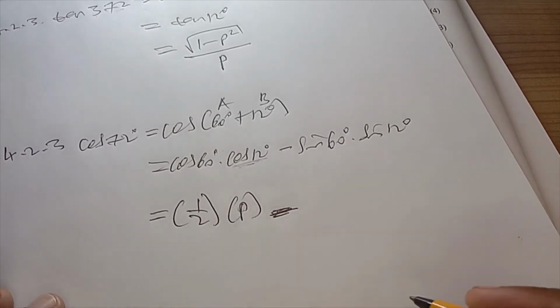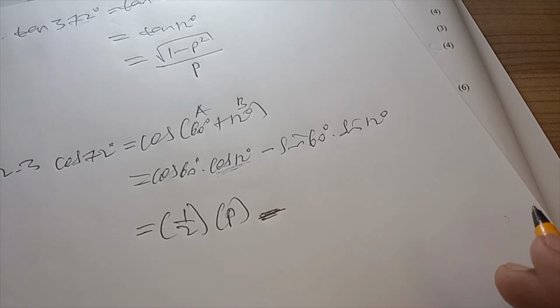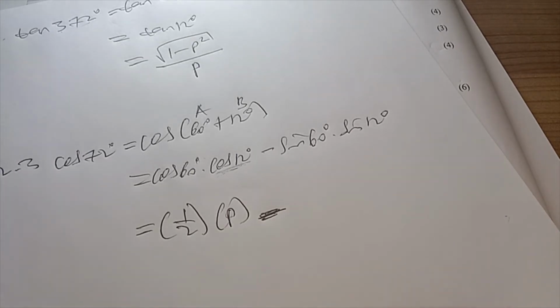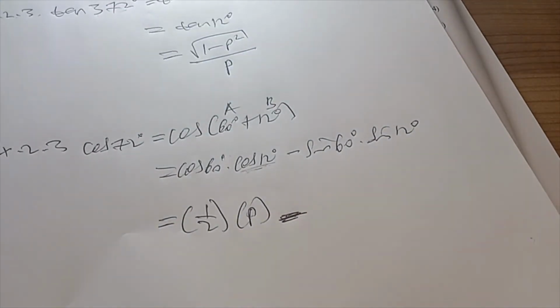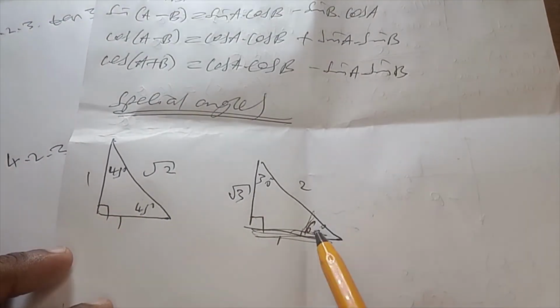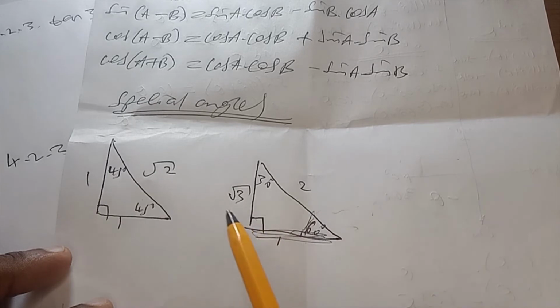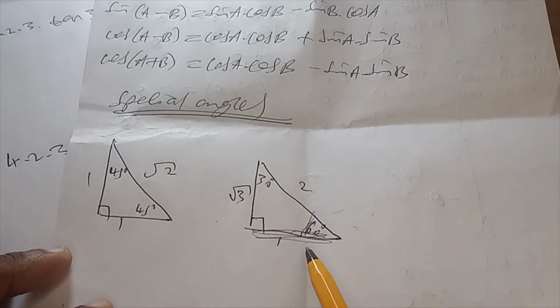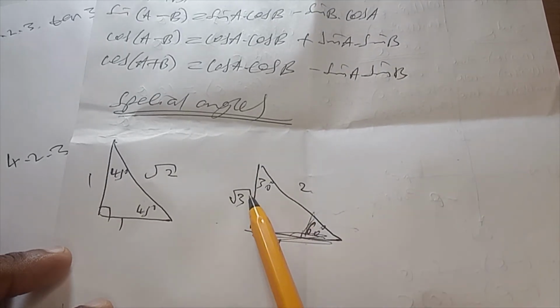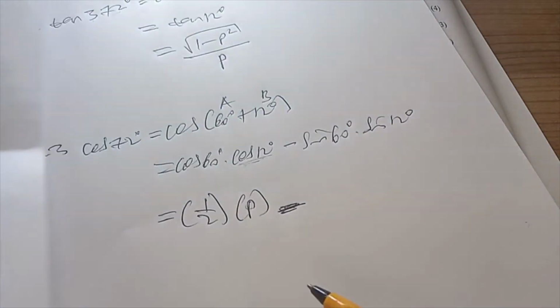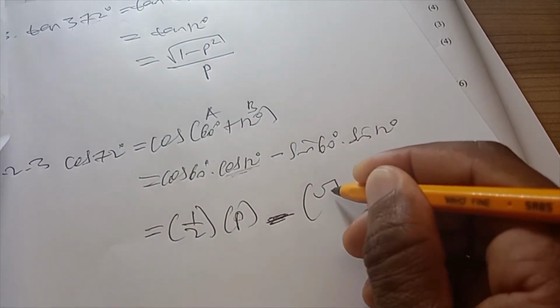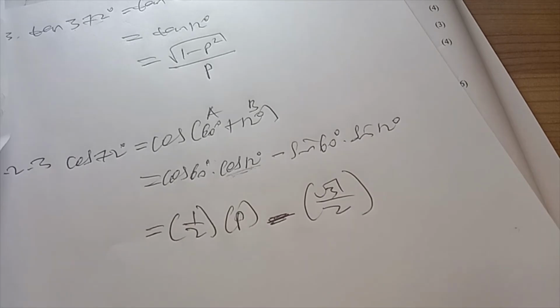So this is subtraction. Then here we have the sine 60 degrees. We still go to our special angle, this is the 60 degrees. The sine by definition is opposite over hypotenuse. The opposite of 60 degrees is the square root of 3, and then we have the square root of 3 over 2, the hypotenuse there.